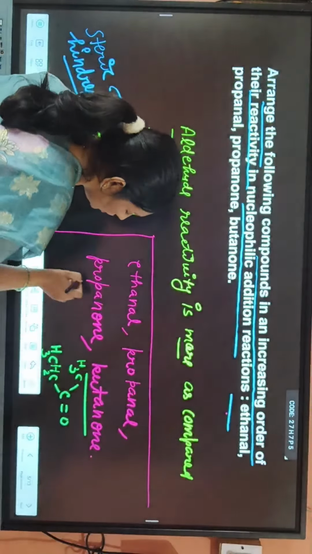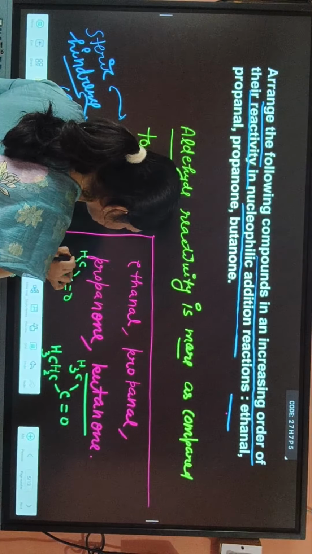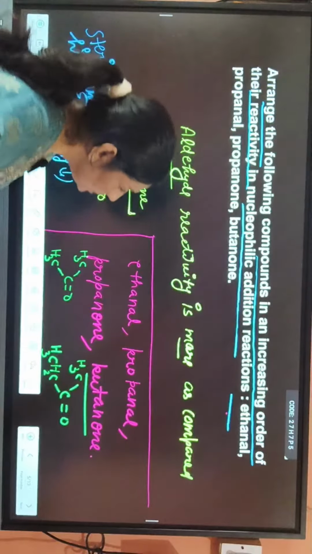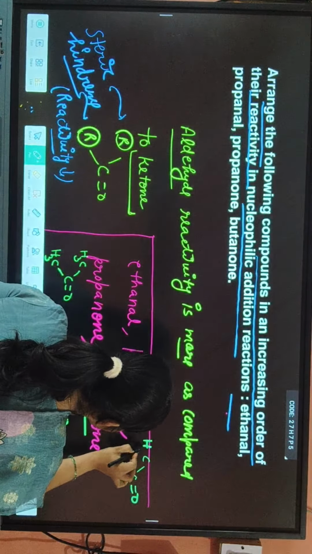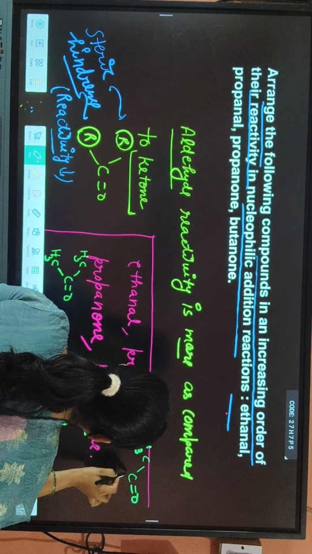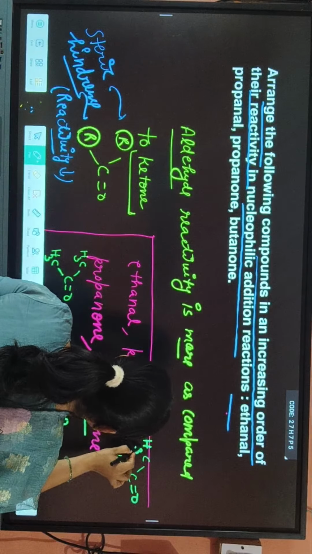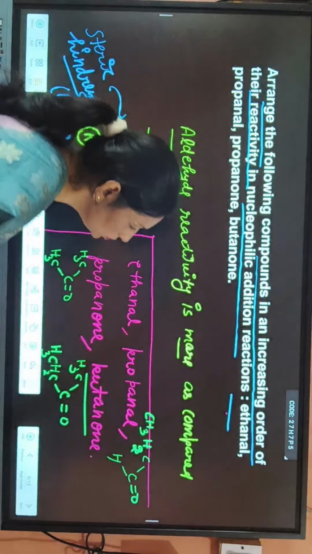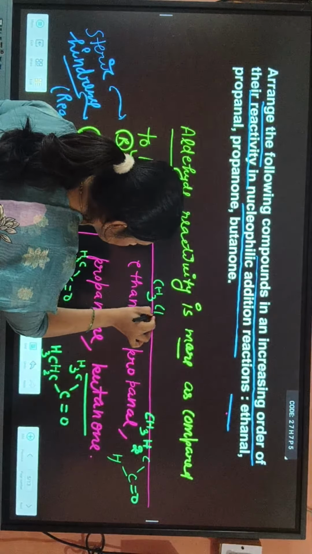Propanone means acetone. Then propanal means CH3CH2CHO. Ethanal is CH3CHO.